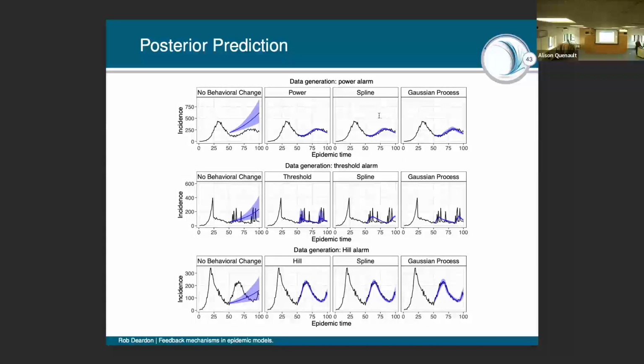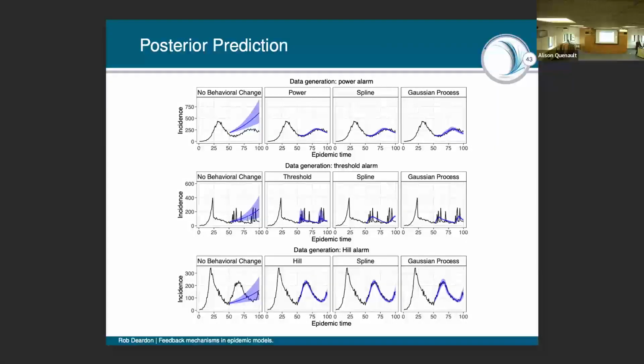In the case of the models fitted with an alarm function, we do really well. Okay, this is the true model, so you'd expect it to do well. But the spline and the Gaussian process forecast what happens in the second half of this epidemic really nicely. We see similar results with the hill alarm, the more complex parametric alarm.